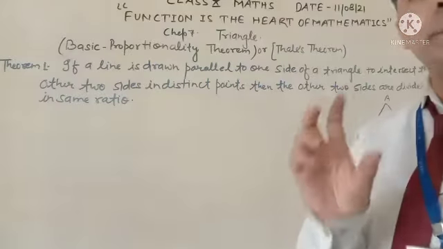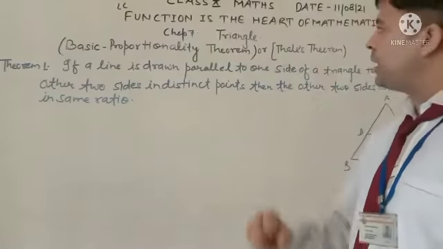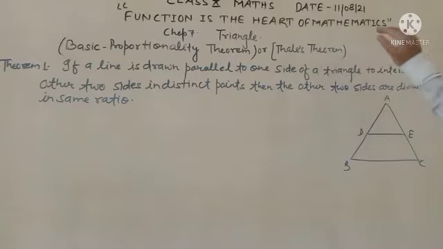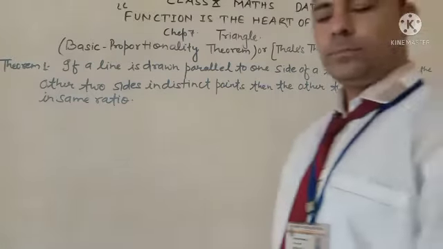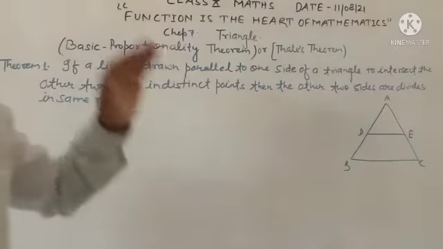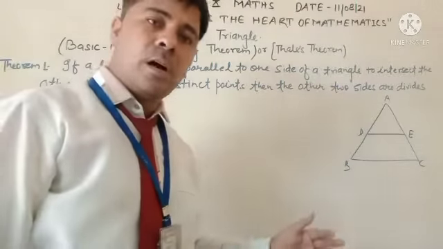Shortly it is known as BPT, and it is a very important theorem. It is also known as Thales theorem. This is theorem first. You have to write it down at the start of the copy.